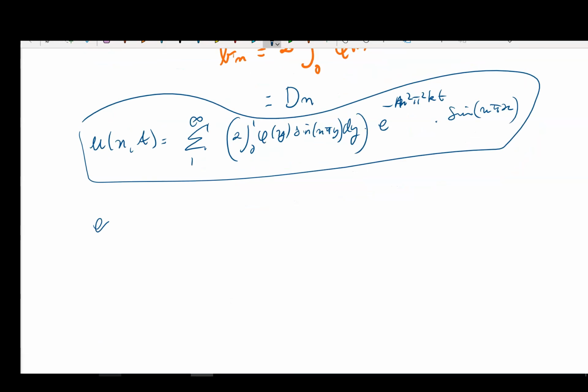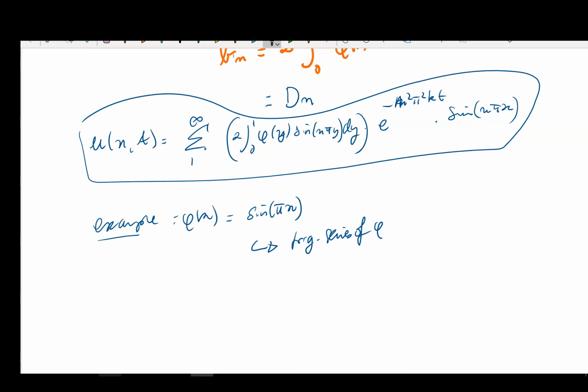Example: if we have phi of x, let's take a simple one, phi of x being already a trigonometric function. Let's take sine of πx. Okay, so it's also equal to 0 at 0 and 1. All right, so you know that the trigonometric series of phi, as it is already a trigonometric function, is just going to be itself, right?